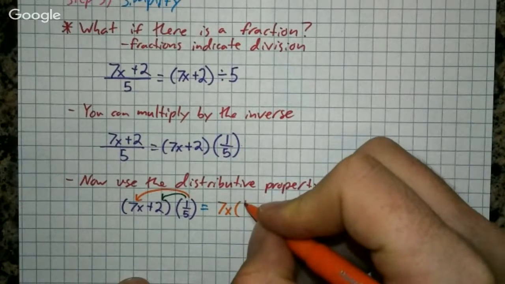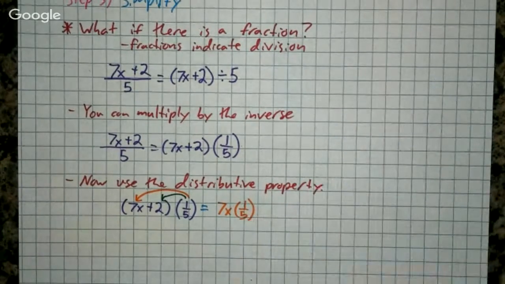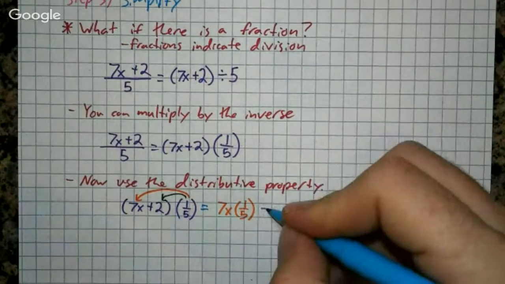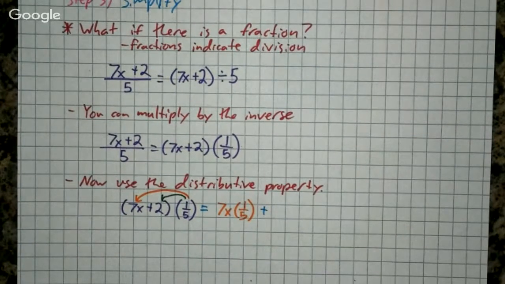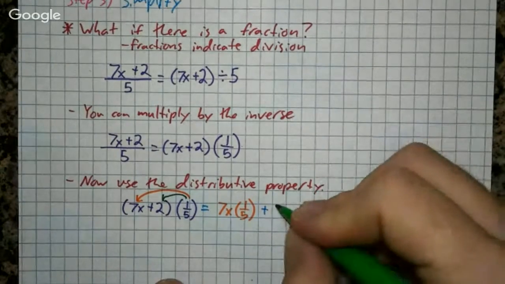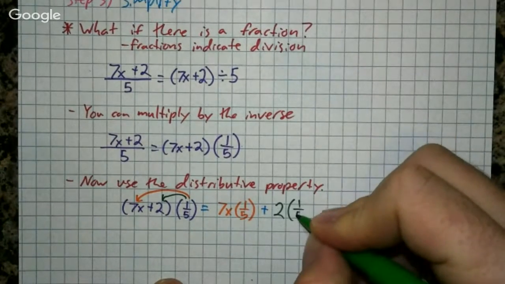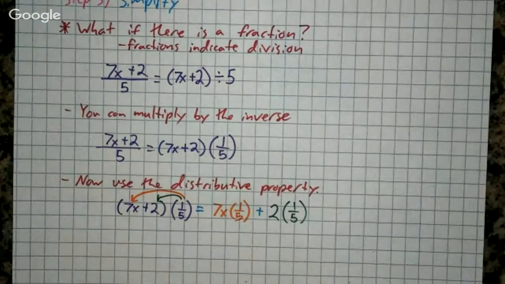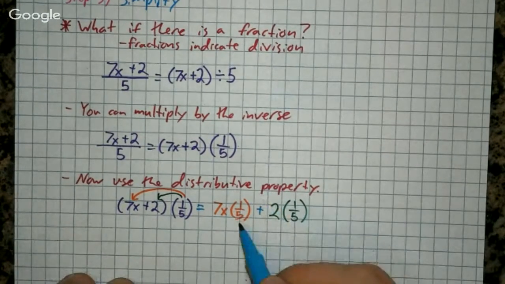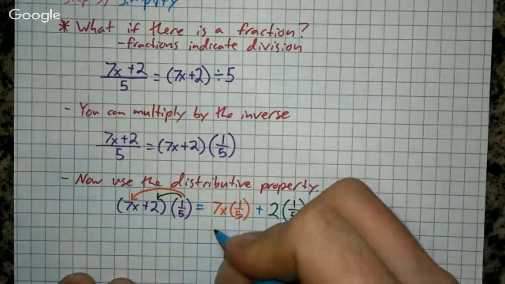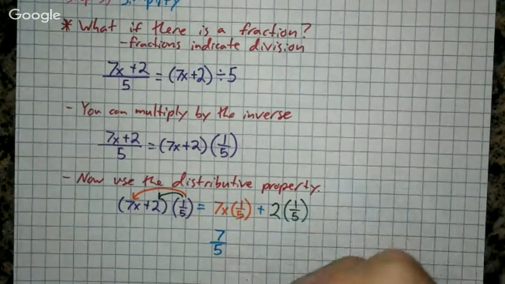And this is now going to equal 7x times 1 over 5 plus 2 times 1 over 5. And from there, we can go ahead and simplify it. So 7 times 1 over 5 is going to be 7 over 5.